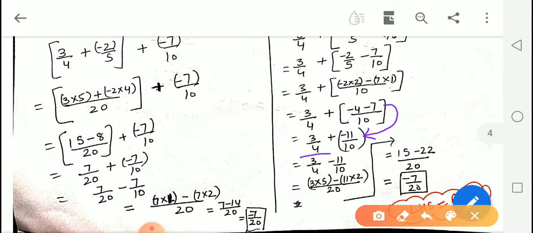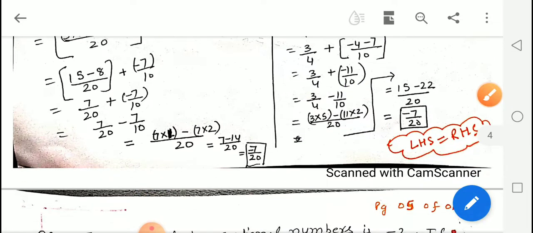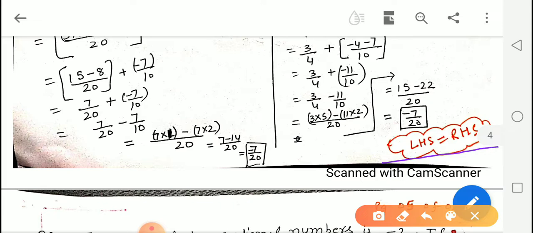Now we will solve these two numbers and get negative 7 upon 20 as the answer on right hand side. Here also you can see the left hand side and right hand side are equal. So you will write hence verified. I have not written it here, but you will write it in your notes.